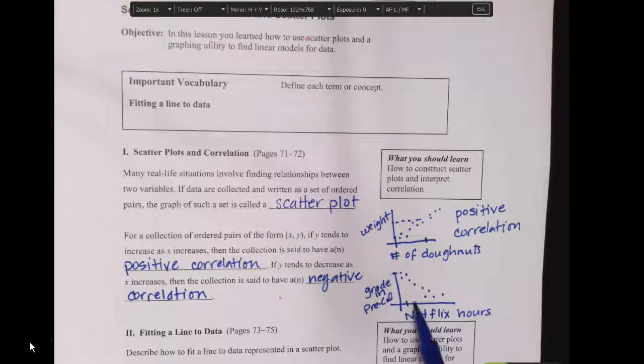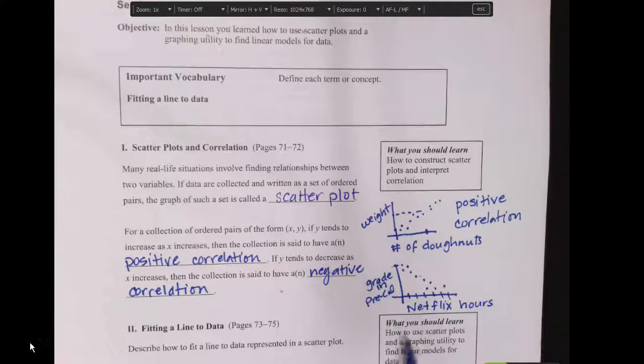But as you start binging and watching Stranger Things and all the different series you like to watch, as you watch more and more hours of Netflix, look what happens to your pre-calculus grade. It goes down. So we say that has a negative correlation. It doesn't mean they're not related. It just means as one goes up, the other goes down.